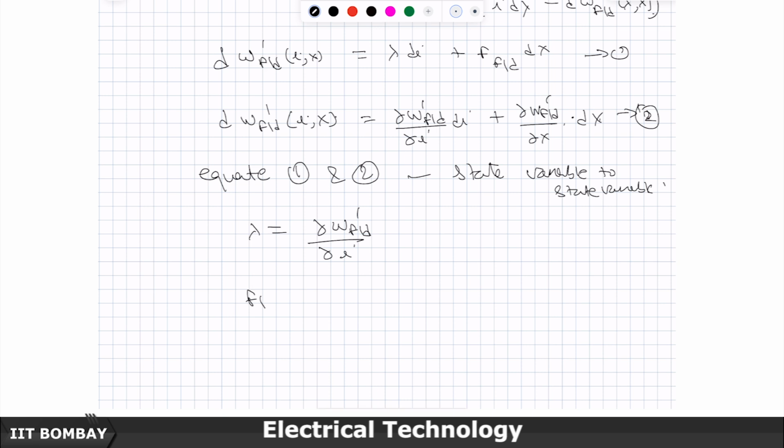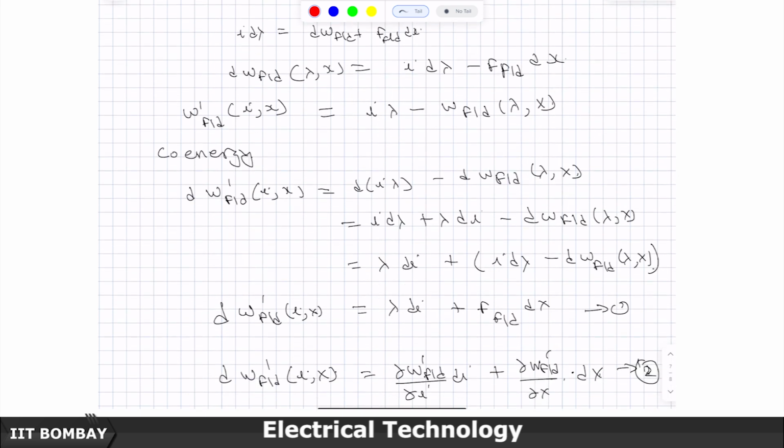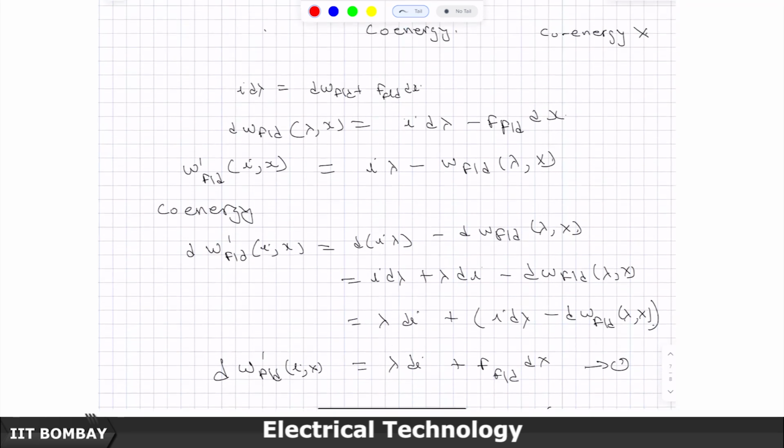So, the force f_FLD associated with the magnetic field is given as the positive rate of change of co-energy. Positive means coming with a plus sign. When we were doing it with respect to magnetic field energy, this was coming with a minus sign. In a sense you can see that this got accounted in our definition here.